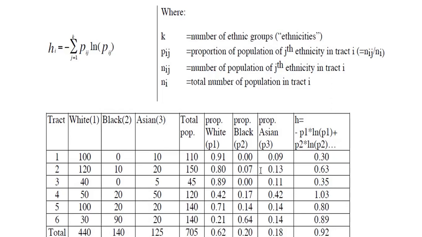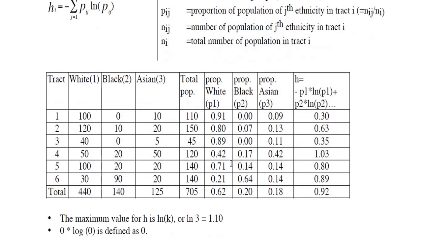Now if we sum all these values using this formula, you will get the values 0.30, 0.63, 0.35, 0.10.